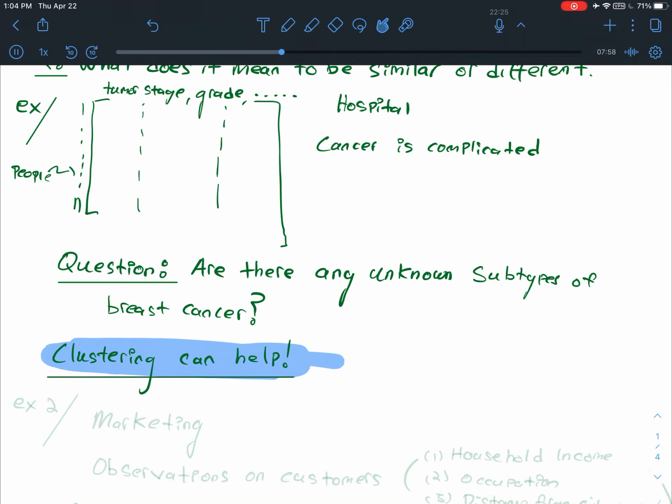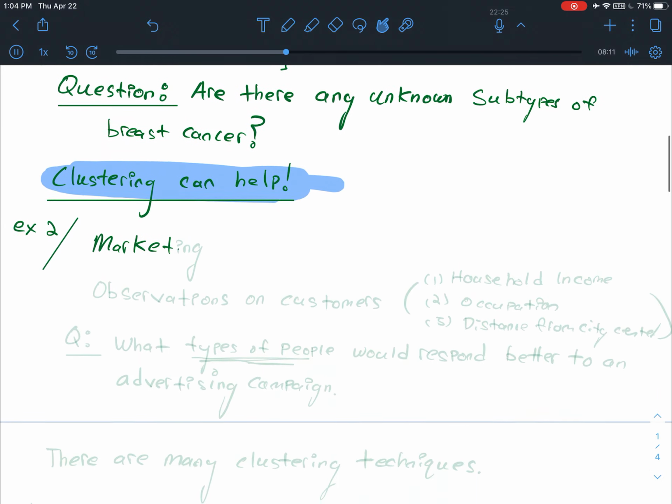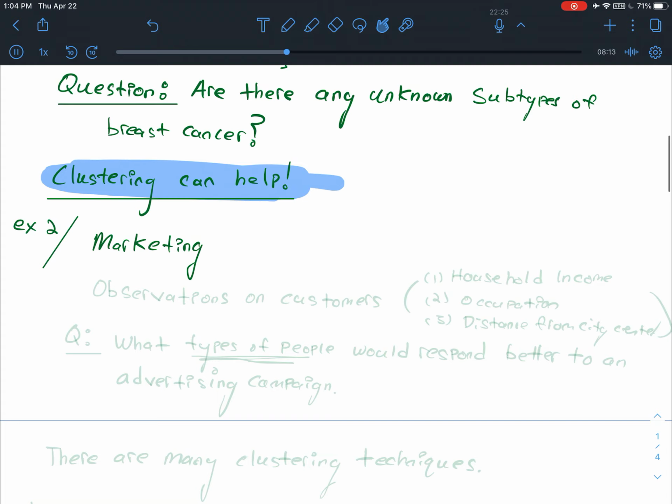Obviously, this is also a business course, so maybe I'll give you one marketing example. So I'll make this example too. You can also easily imagine you work for a marketing agency, and a classic thing you have in marketing is you might have a lot of observations, let's say on customers.